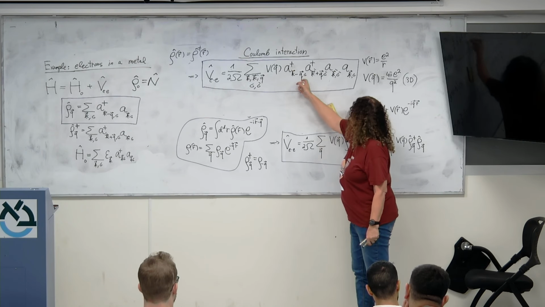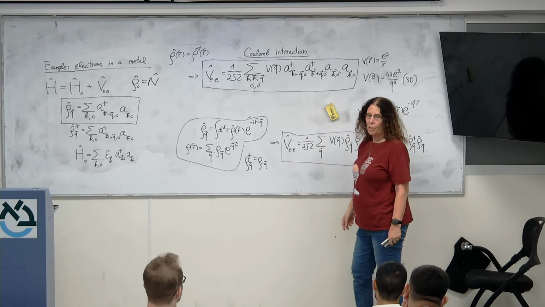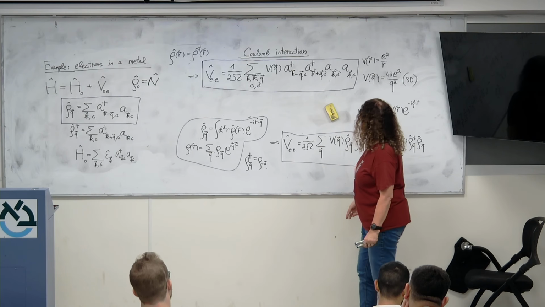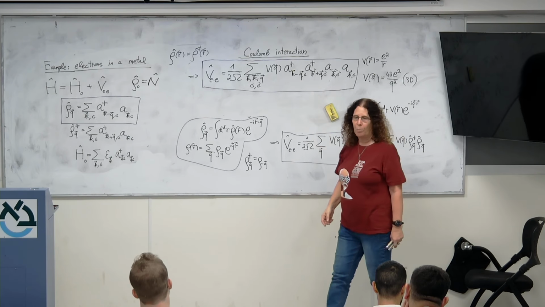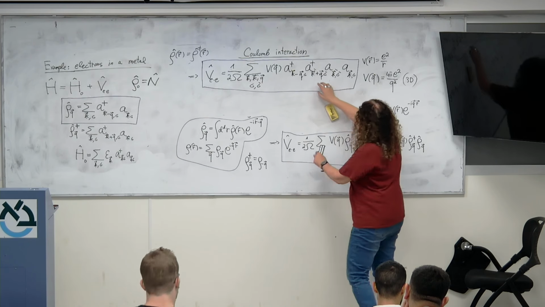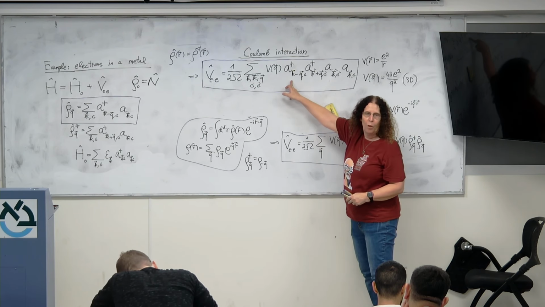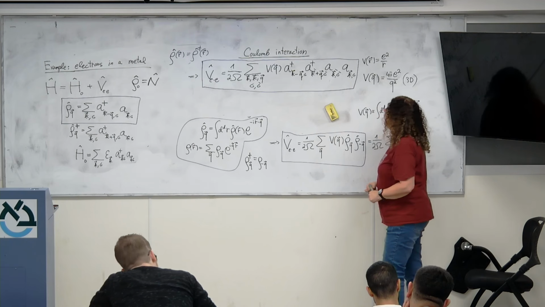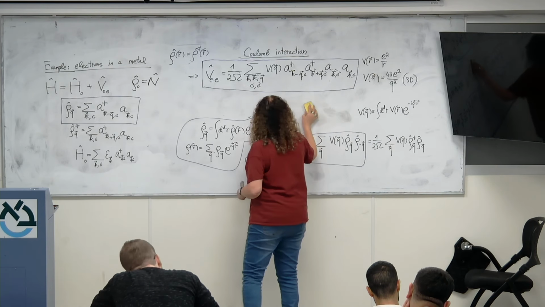But notice that the new momenta are such that momentum is conserved, right? Because the total momentum will still be k plus k prime. So these indices are related by plus and minus of the same Q. Now, how can I describe this thing diagrammatically?